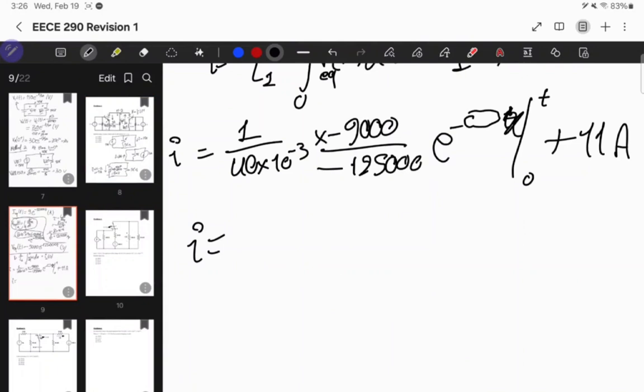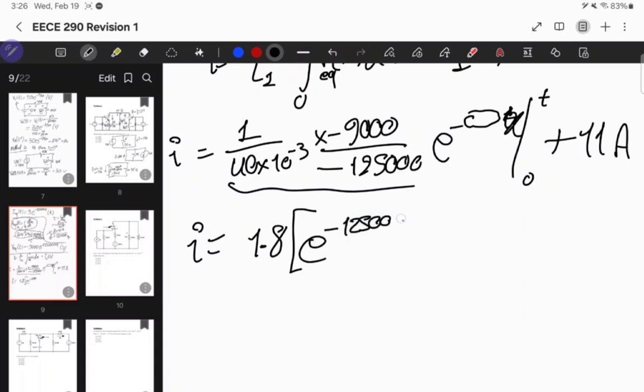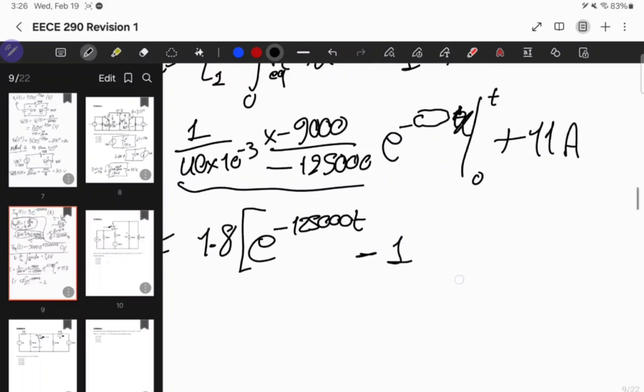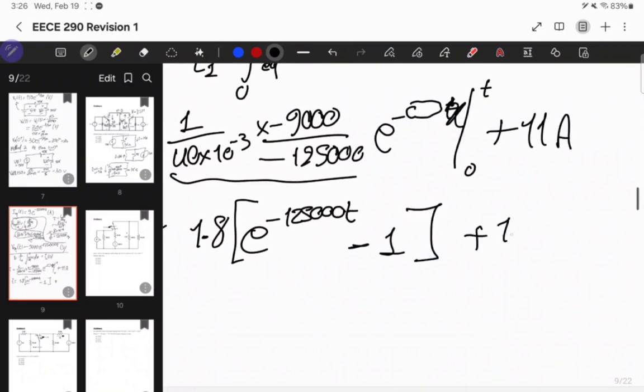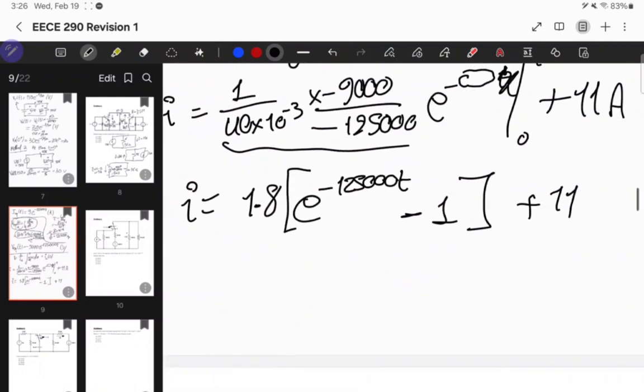This is equal to 1 over 40 times 10 to the minus 3, times 9,000 over 125,000, which is 1.8, times exponential minus 125,000 t, evaluated at the integral boundaries, minus exponential at 0, which is 1, plus 11 at the end.